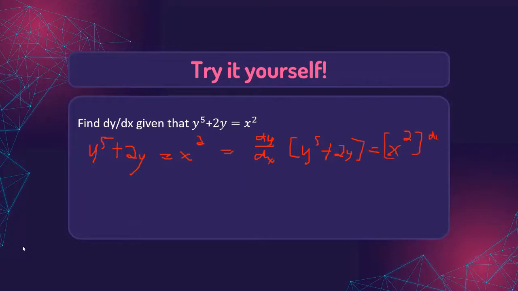Then the next thing we need to do is to find the derivative of each term. This is the first term, the second term, and this will be the last term.